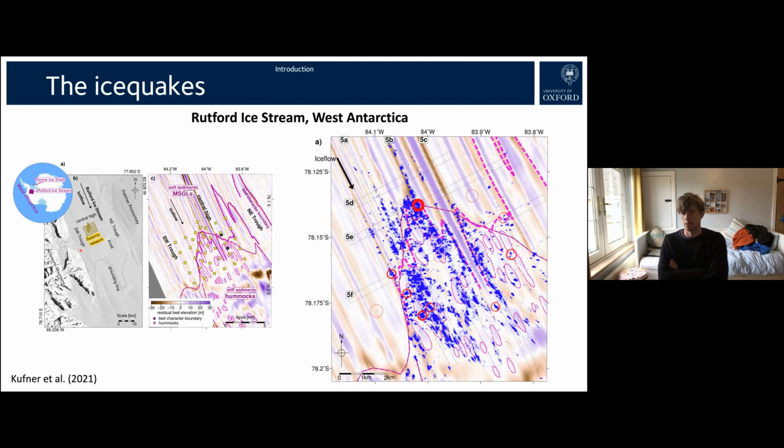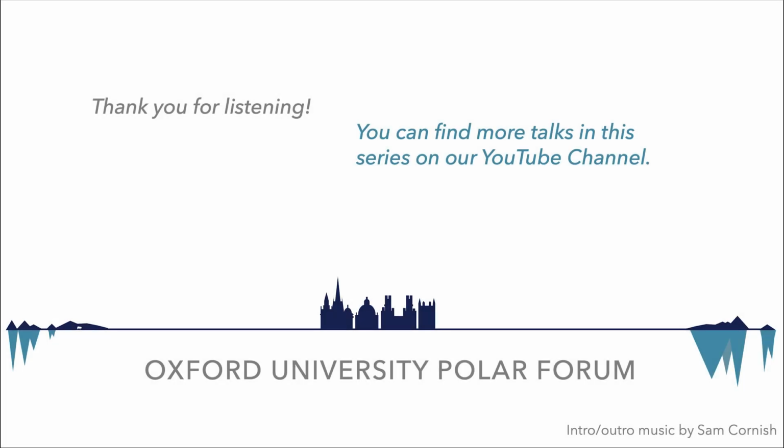I think in the majority of ice streams, most of the bed is probably, well, maybe it's till, but I don't actually know. I'll leave that open, but we can observe ice quakes on bedrock, I think. But it's quite a big question that's still potentially unanswered.